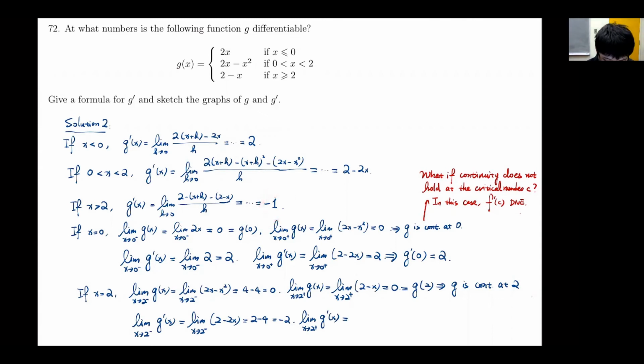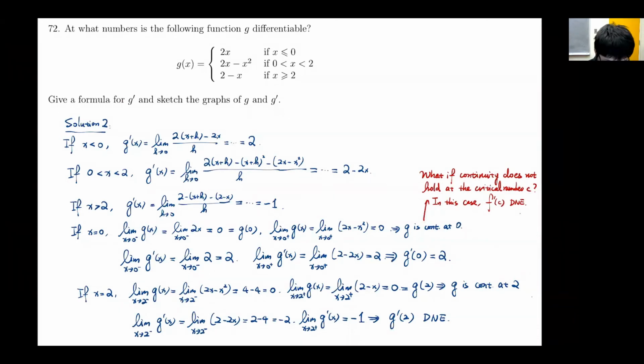So the limit of a constant function is minus 1. And you see that these two limits do not coincide. So we can conclude that g prime of 2 does not exist. All right, so this is the application of the second method to draw the same conclusion. And as you can see, you do not need to worry about the difference quotient. All right, so this is what I want to say about number 72.